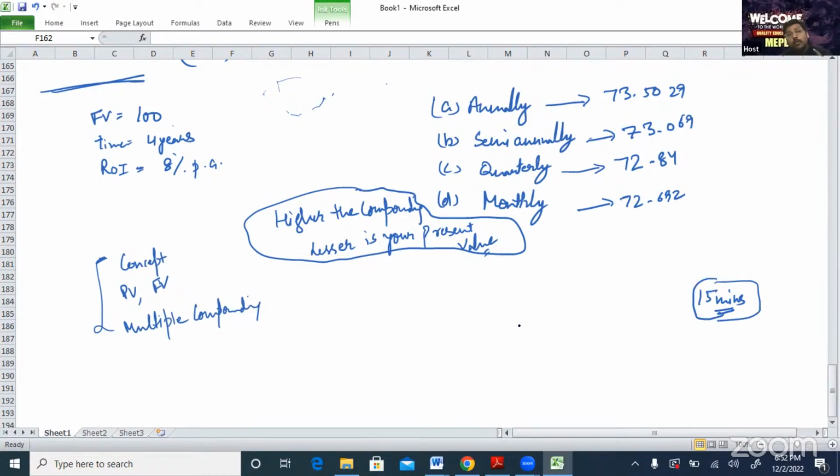Here we discussed one single cash flow, but if there are multiple cash flows, then how to deal with that situation? And after that, with multiple cash flows, concepts like NPV will come. So let me be back in 15 minutes. Right now it's 6:53, so please everyone be back by 7:08. Then we shall start.